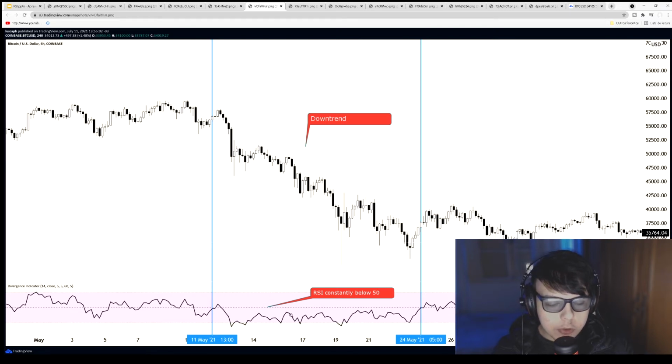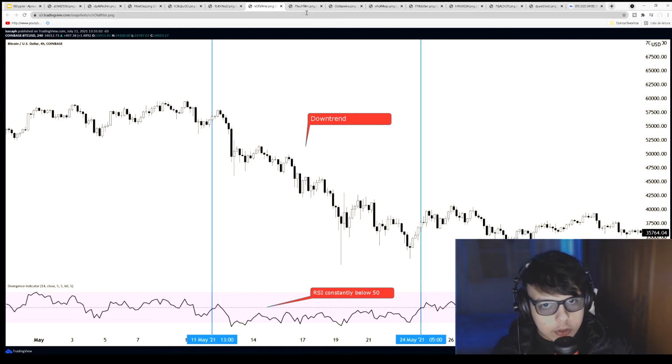The RSI keeps trending in the lower part of the RSI, and it never gets above the 50 line. And as you can see, once we break that structure, the RSI gets above the 50 and we move on from there.